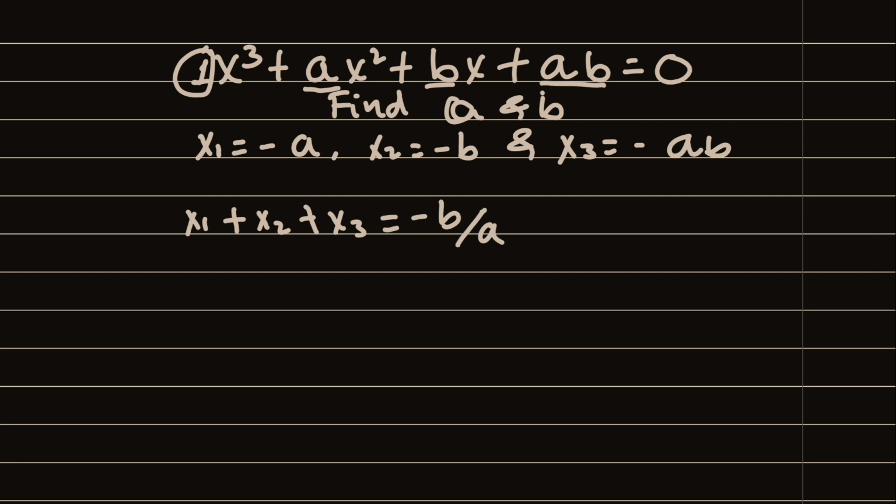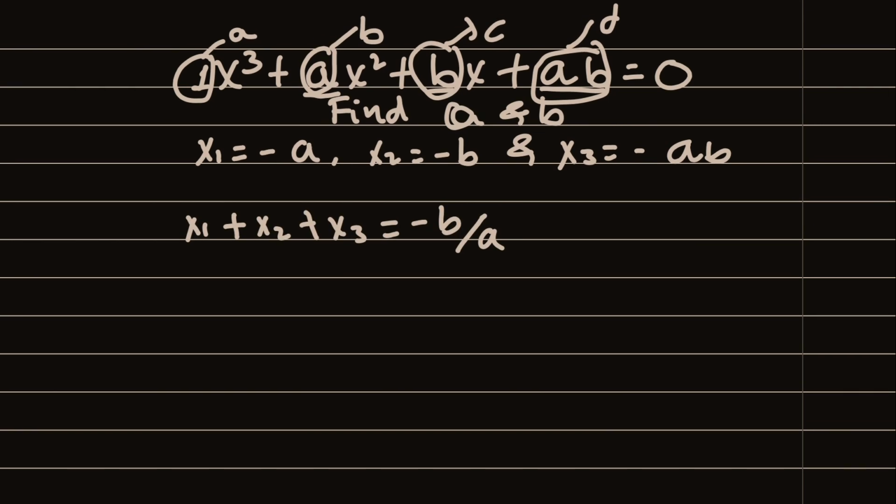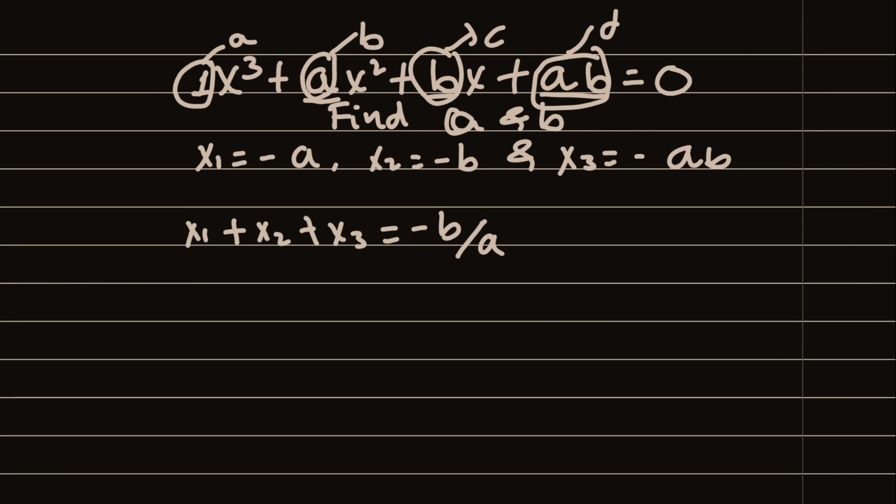Okay, this is A, this is B, this is C, and this one is D. So Vieta's formula says that the addition of the roots equals minus B over A. Okay, so x1 is minus a, plus minus b, plus minus ab, equals minus B, which means a.